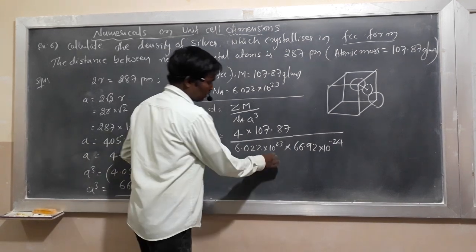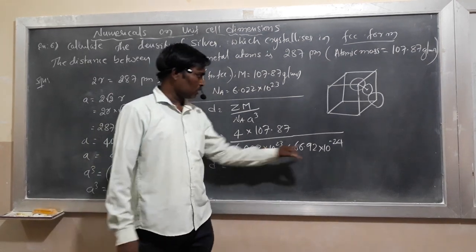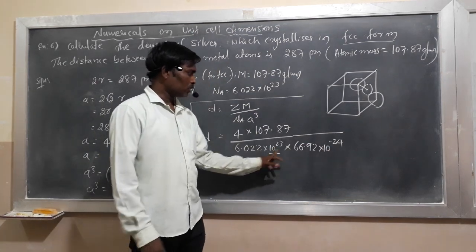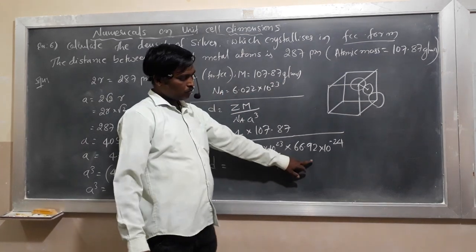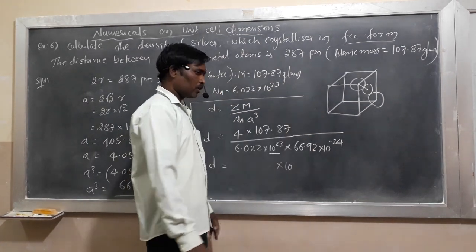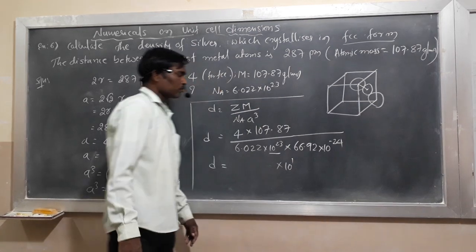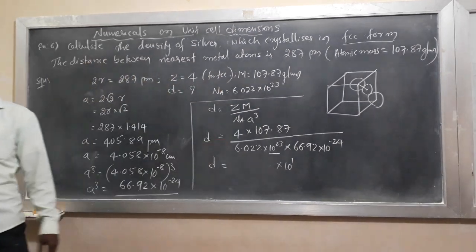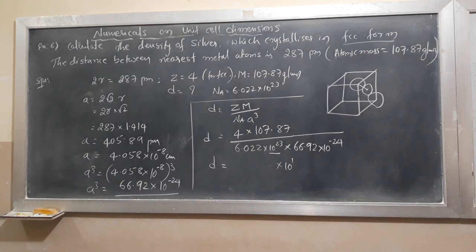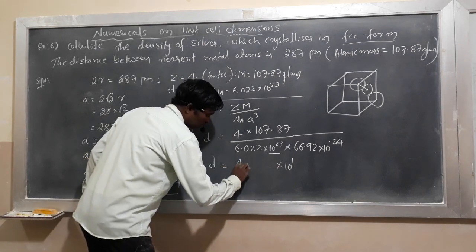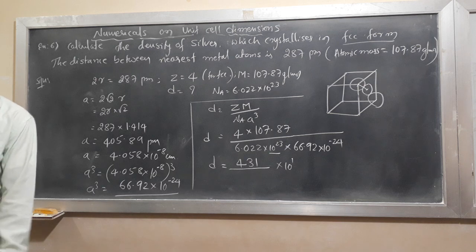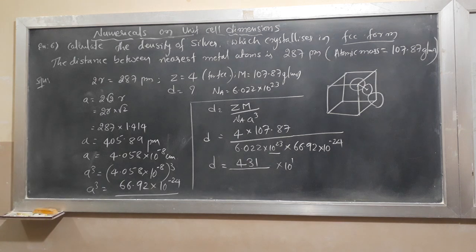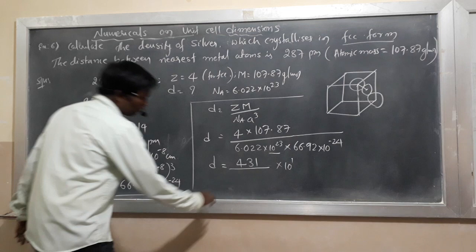So first let me remove this 10 raised to 23 and 10 raised to minus 24. 10 raised to 23 into 10 raised to minus 24 is 10 raised to minus 1. So 10 raised to minus 1, if I take it to the numerator, becomes 10 raised to plus 1. Now in the numerator multiply 4 into 107.87, we will get the answer 431, divided by, in the denominator, multiply the Avogadro's number 6.022 into 66.92, we will get the answer as 402.